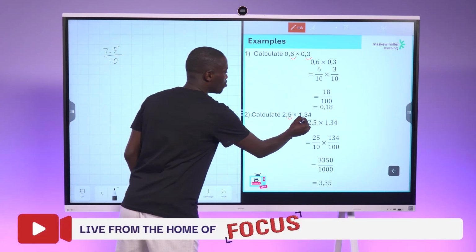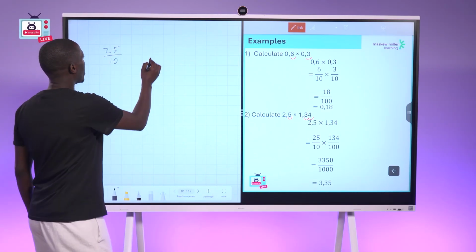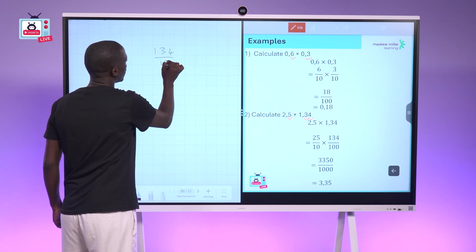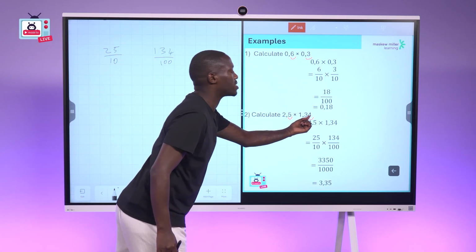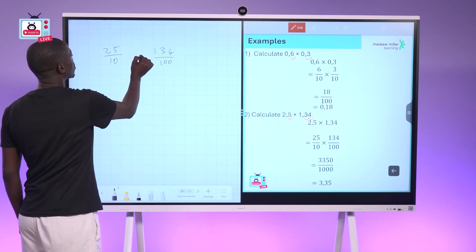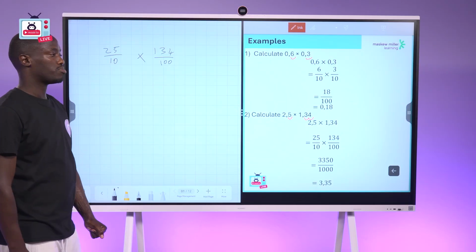Now here, how many decimals do I have after the comma? It is 2. So that means I have 134 divided by 100. So this last digit is in the 100th place. Now, you want to multiply these two. This is just a multiplication of fractions.